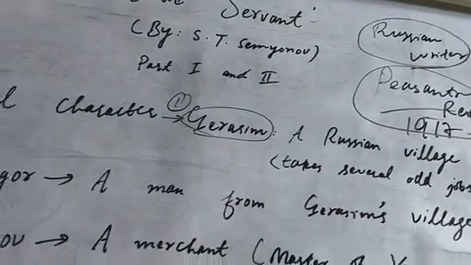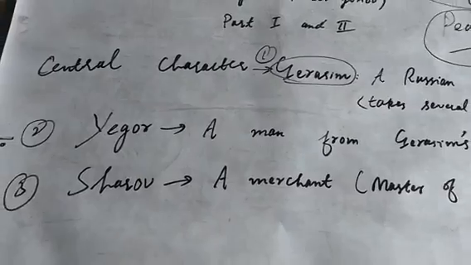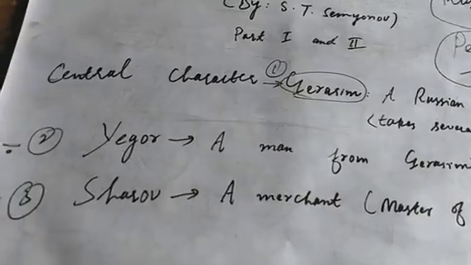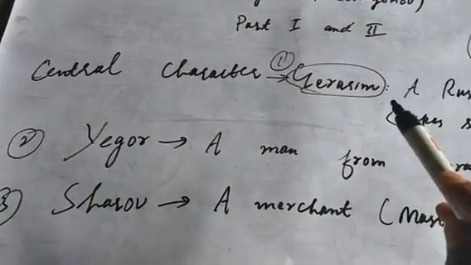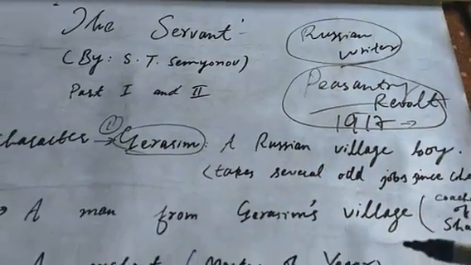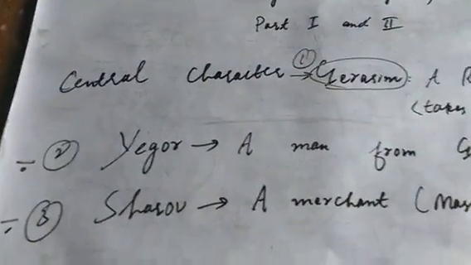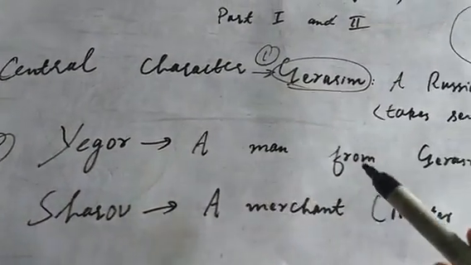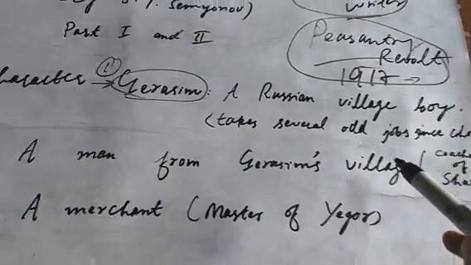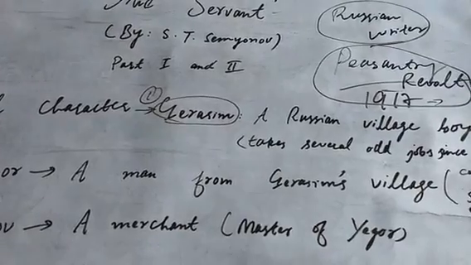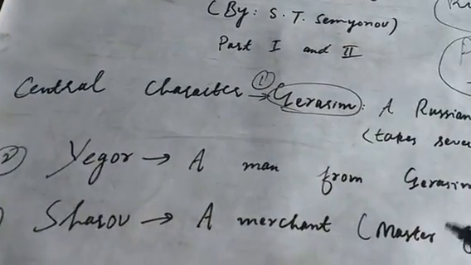Now, let's come back to our story, The Servant. As I told you, the central character, the main character of the story is Gerasim. Who is Gerasim? A Russian village boy. The second important character is Yegor, and Yegor is a man from Gerasim's village. Remember, he is also a man from Gerasim's village, and Yegor is a coachman.